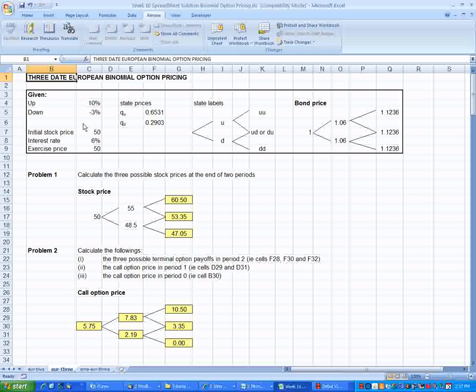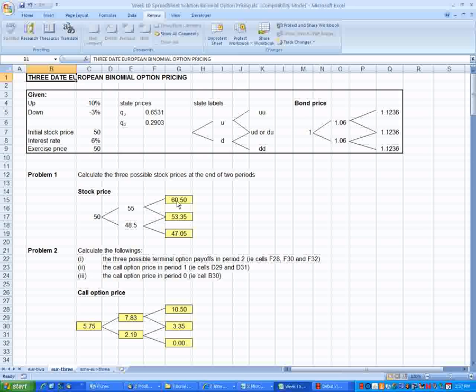So in the first problem, what I ask you to do is to extrapolate the stock prices going forward, not just one time step as we did in the previous worksheet, but two time steps. And this is a simple process.